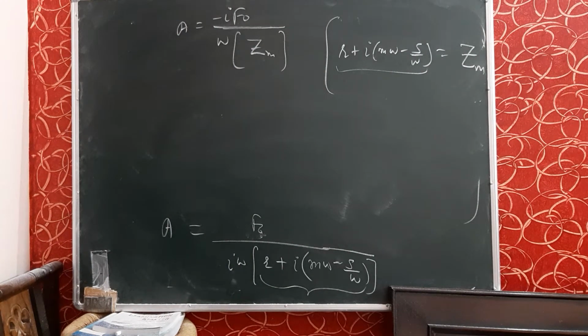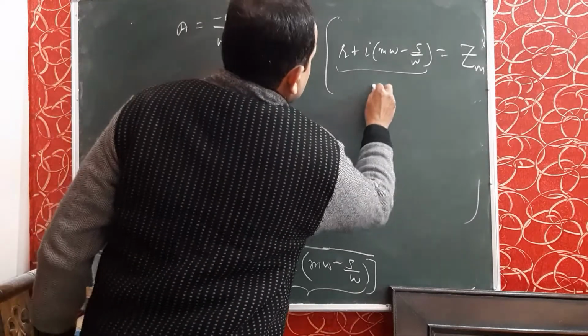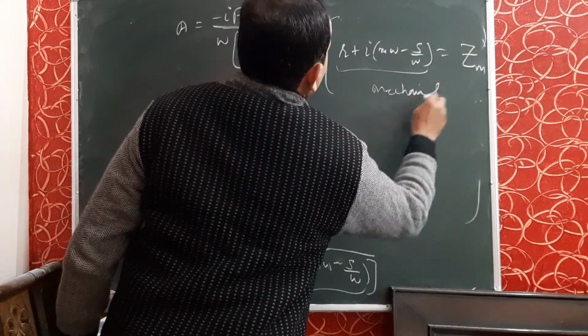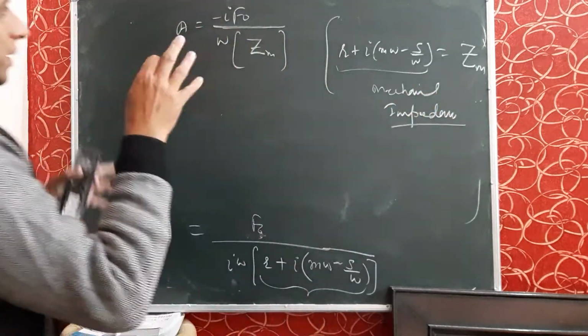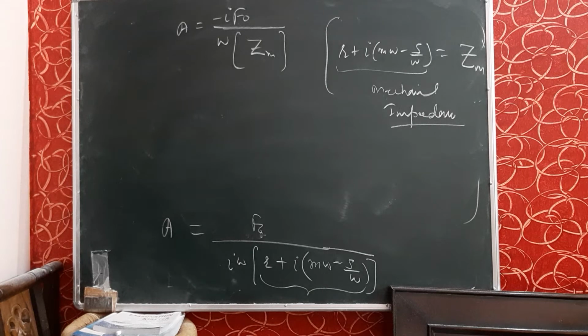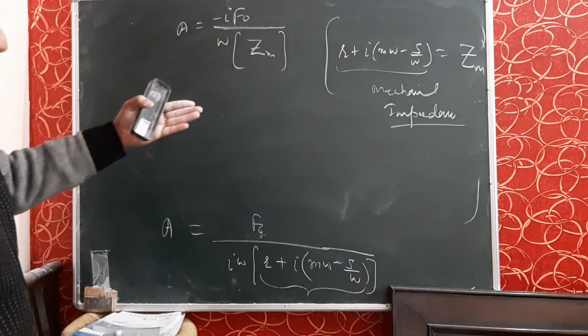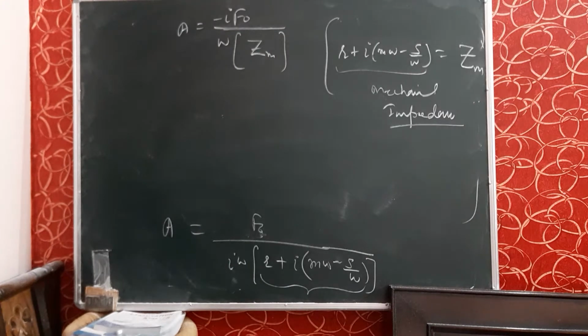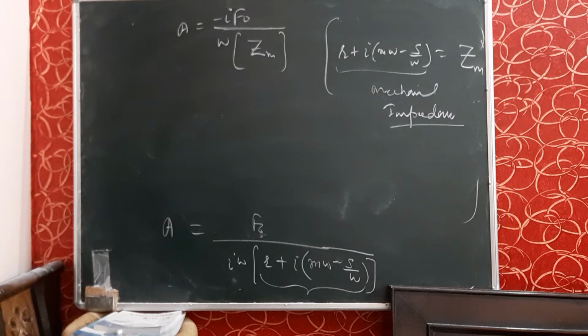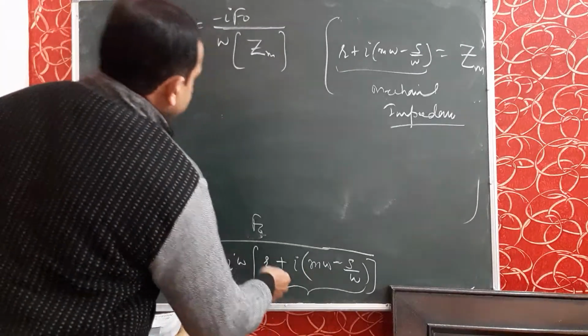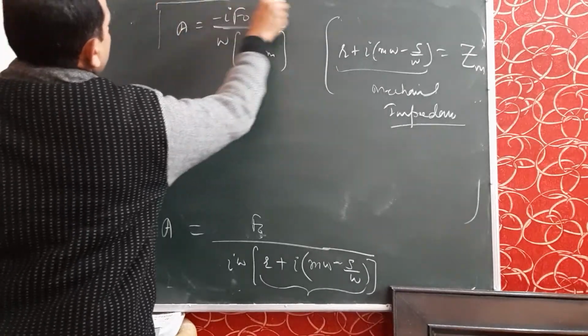So this is called mechanical impedance, meaning the collective resistance observed in a mechanical oscillator. This is the overall obstruction, or resistance, in the path of the mechanical oscillator. So it is called mechanical impedance. And this is the value of A.